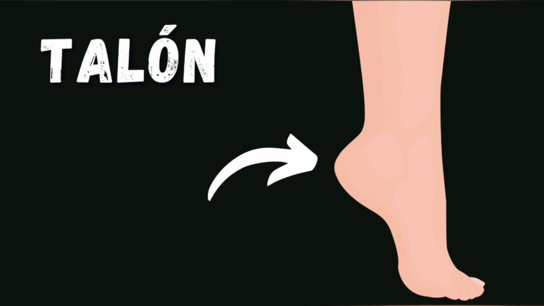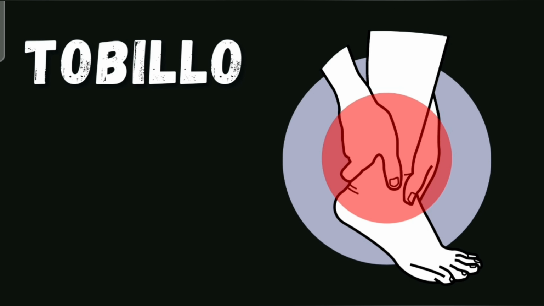To say heel, in Spanish we have to say talón, with an accent in letter O. Now to say ankle, in Spanish you have to say tobillo.